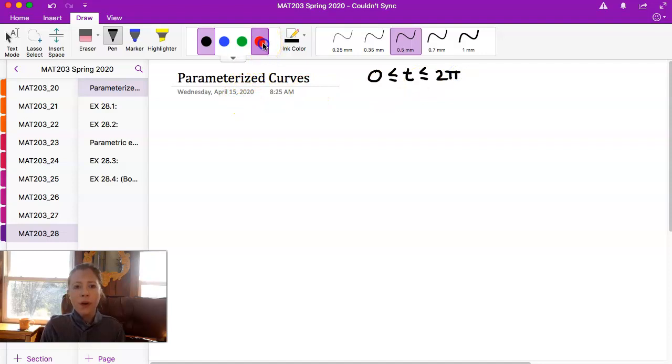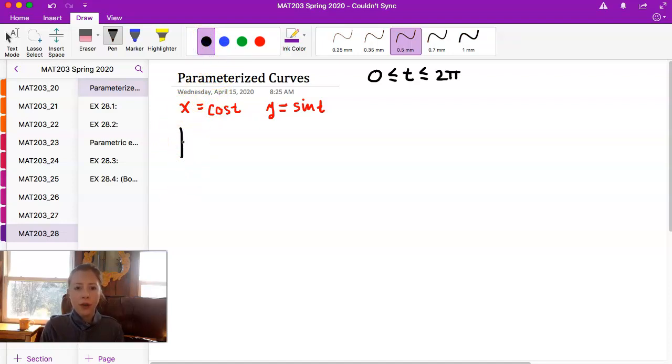For our first example, we are going to look at x is equal to cosine t, and y is equal to sine t. And we all know that this is going to give us in the xy plane a circle, but let's just look at the functions over time.